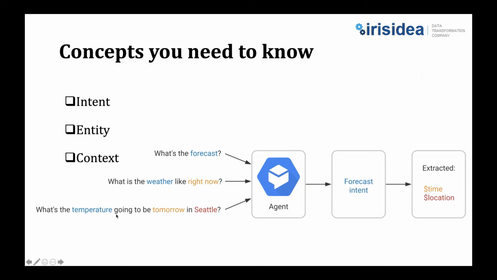No, you're still asking for the details itself. So that is not a parameter. But right now and tomorrow are parameters, because based on right now, you will get the current details. If you're asking for tomorrow, you will get tomorrow's details. And that is your time.